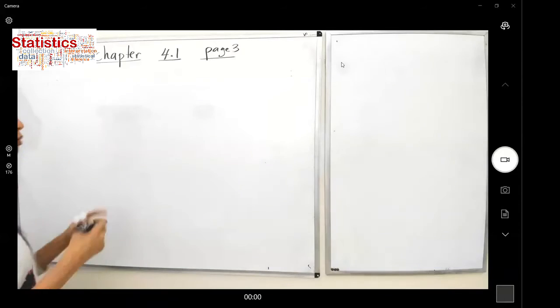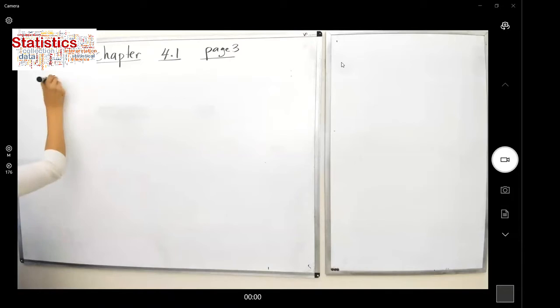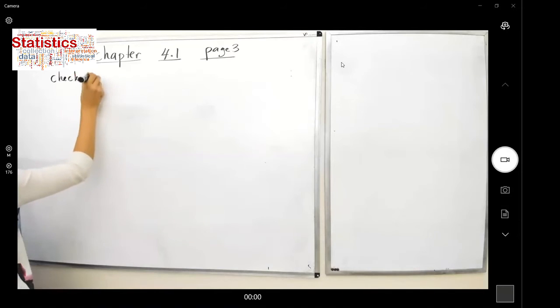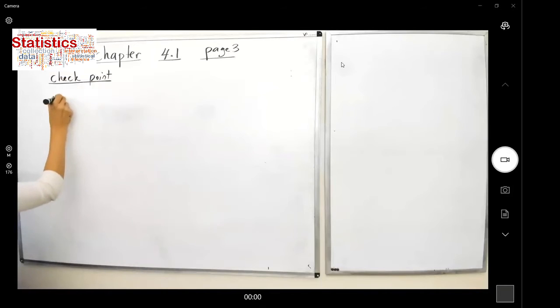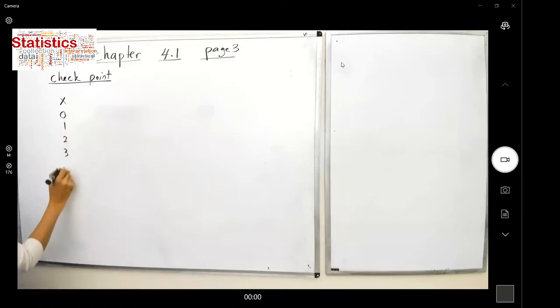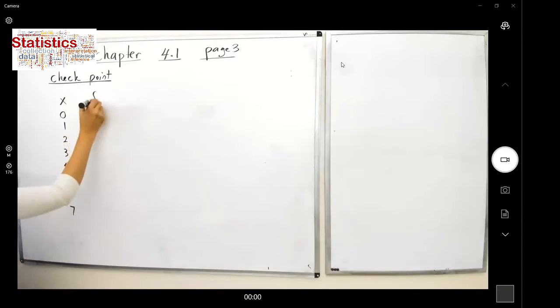Let me write down the question here for you, the checkpoint. We have the number of sales X: 0, 1, 2, 3, 4, 5, 6, 7, and we have the frequency.